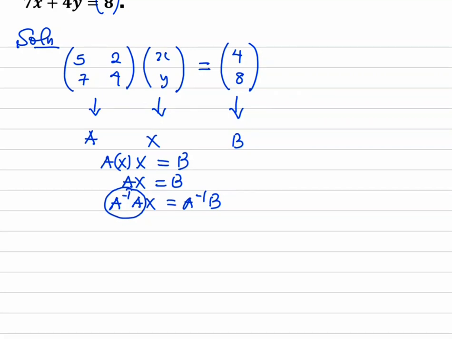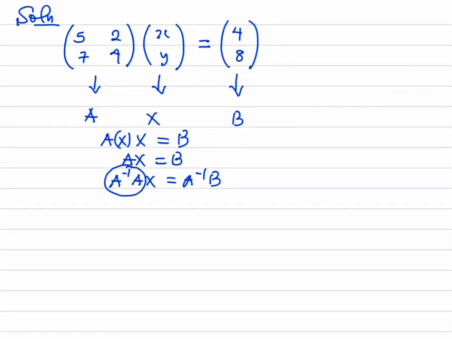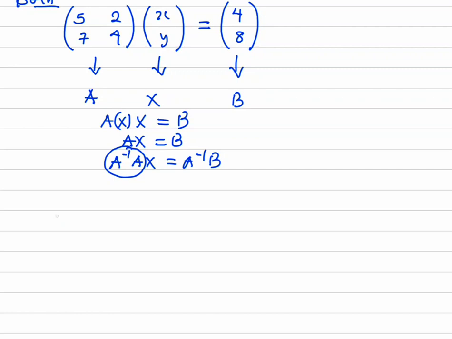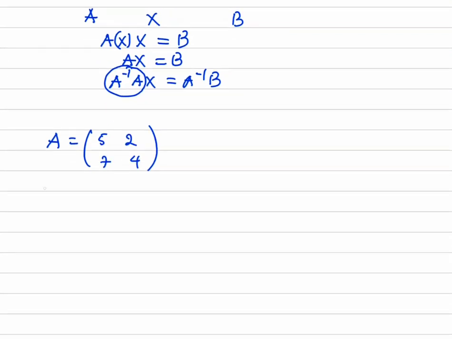All right. So follow me now and check out what I'm going to be doing. Now, let me get A. Let me not rush it. So A is equal to 5, 2, 7, 4. Now I need to get the inverse of A. Now, how do I get the inverse of A?